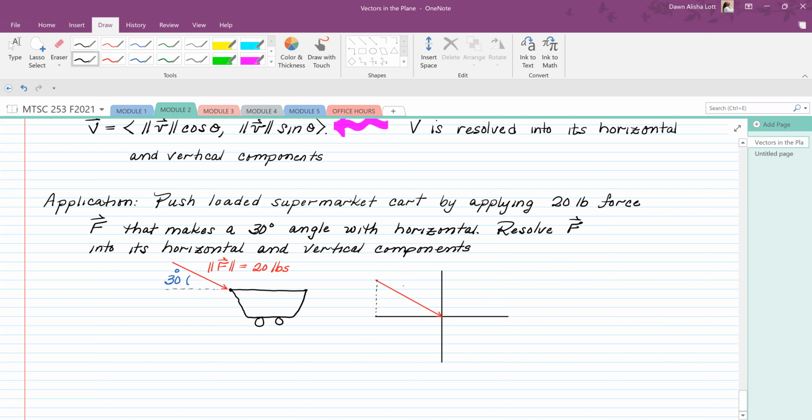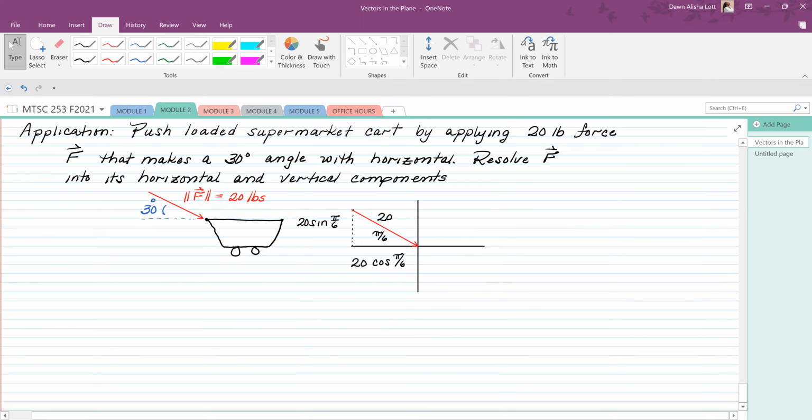All right, so this is 20 and this is pi over 6. So I know that this side is 20 times the cosine of pi over 6. And this side is 20 times the sine of pi over 6. So this side is 10 root 3, and this side is just 10.